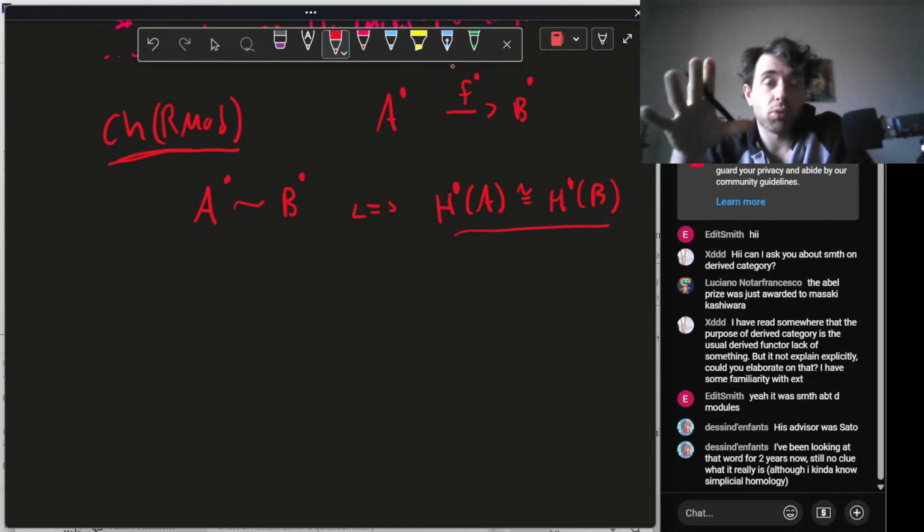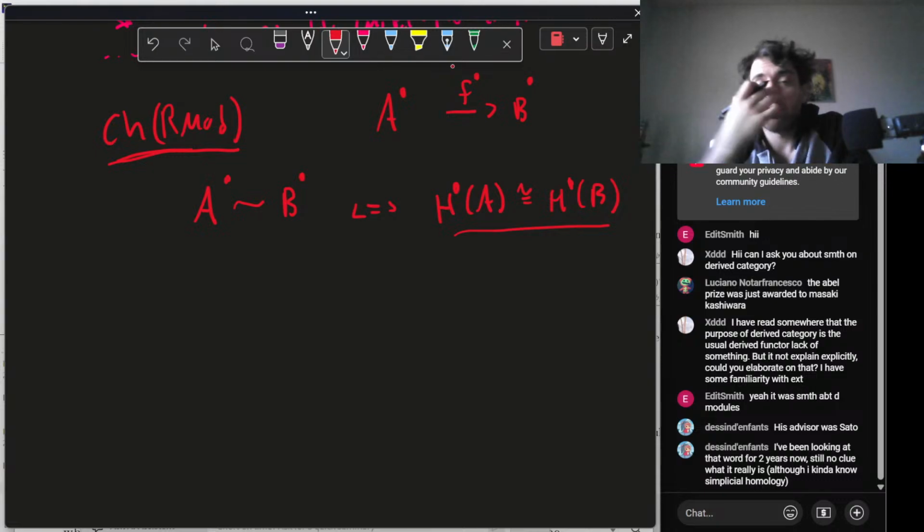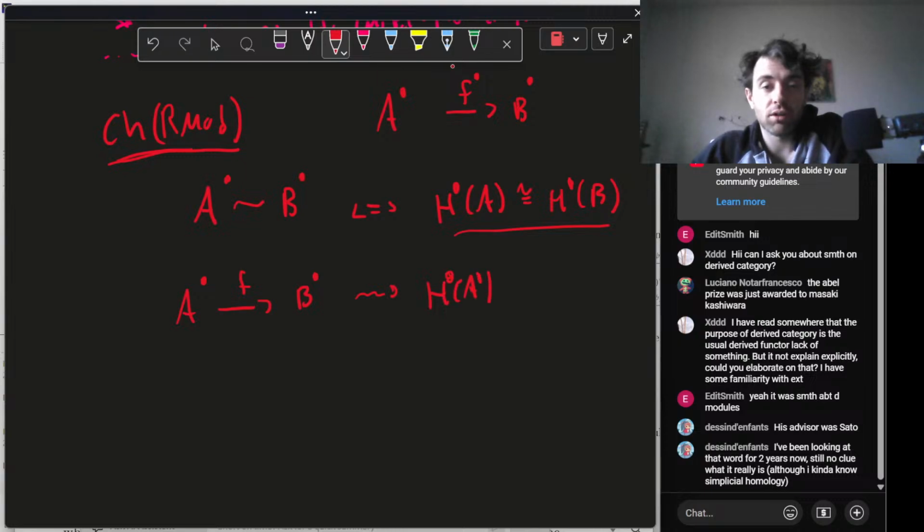We have to do some work to make this precise and rigorous, but the basic idea is that in the derived category, the objects are still just honest-to-God chain complexes, except now we introduce more maps. We say, for instance, that it's possible to find a map of chain complexes which is itself not an isomorphism of chain complexes, but for which the induced map on the cohomologies is an isomorphism.